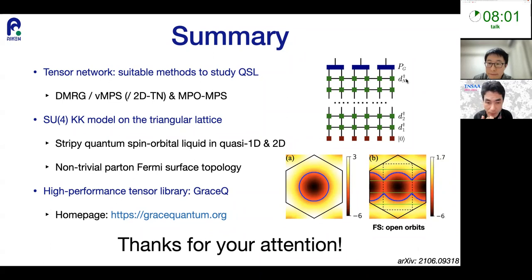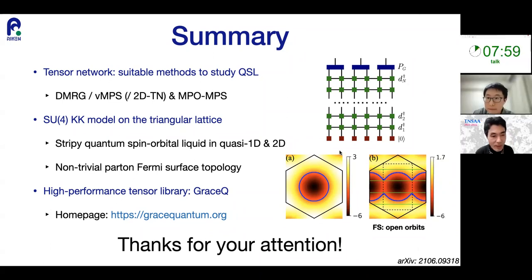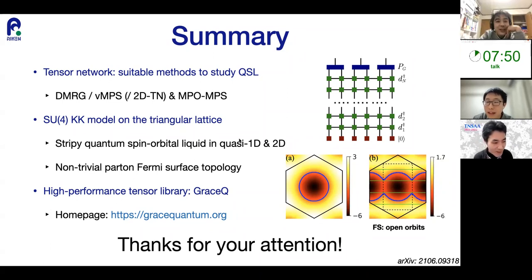Yeah, I have a question about your tensor network library. So you said that you already have the implementation of DMRG. Is there any plan for PEPS or other algorithms?